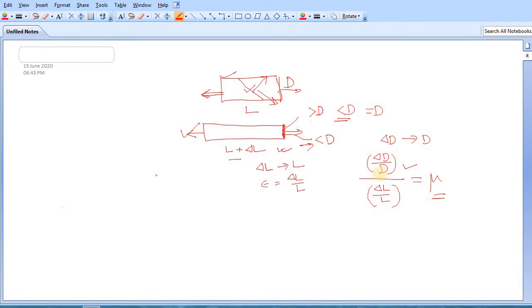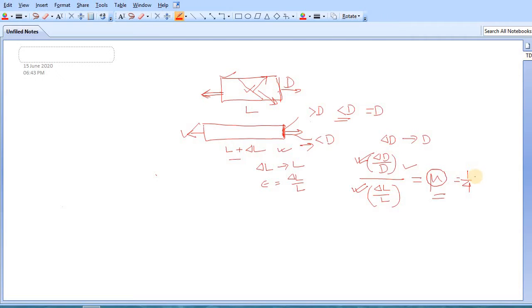So what is Poisson ratio? Poisson ratio is the ratio of unit lateral contraction divided by unit axial elongation. This is known as the Poisson ratio. Mr. Poisson found that the value of this mu is 1 by 4, and the basis of this finding was that he was using the molecular theory of the structure of material.